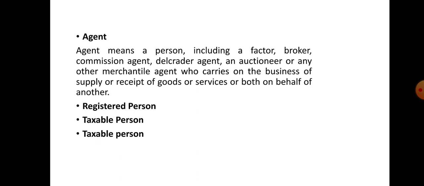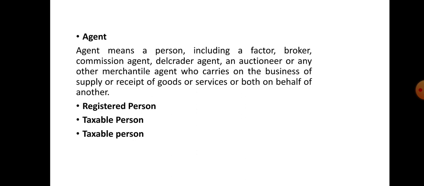Next, taxable person. Taxable person means a person who is taxed under the GST Act, or a person who is liable to pay GST under the GST Act. It is given under section 2 subsection 107.